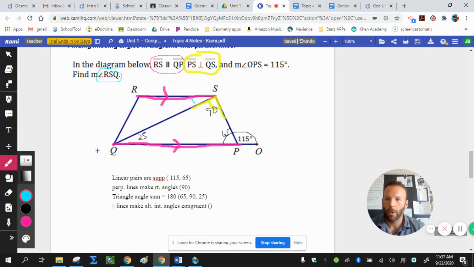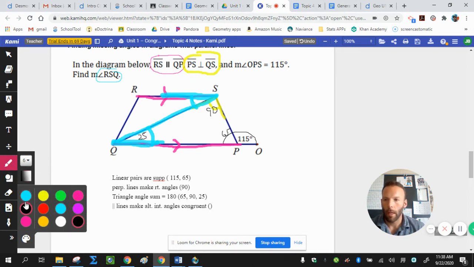Now remember what I said before, if I can recognize parallel lines, and when lines are parallel and cut by a transversal, and you can identify this kind of Z shape where the top of the Z is a line that's parallel to the bottom of the Z, then the angles inside of this Z are called alternate interior angles. So parallel lines make alternate interior angles congruent, which tells me that the measure of this angle RSQ must be 25.